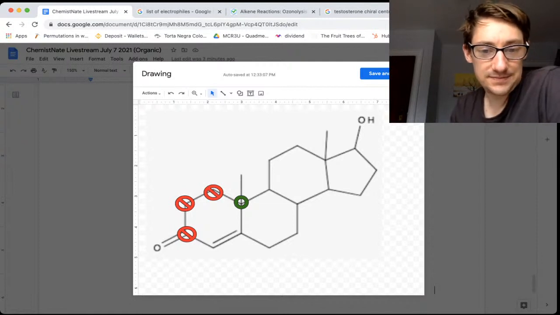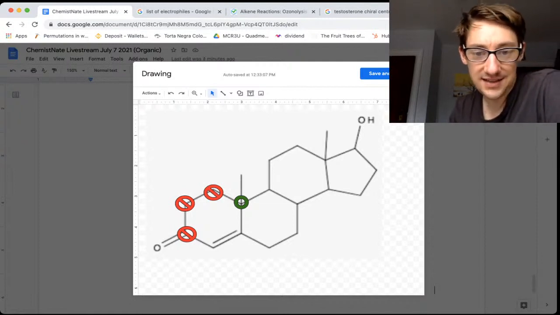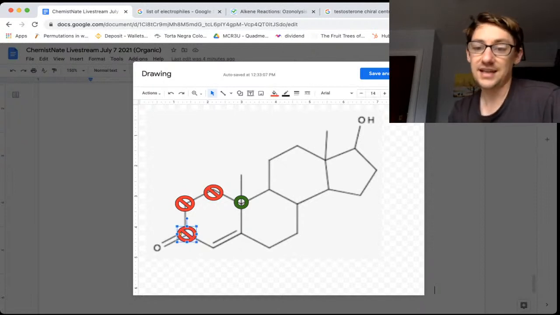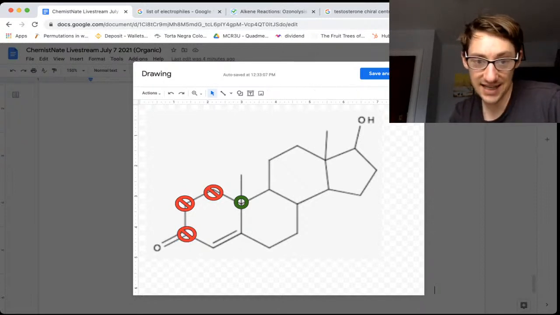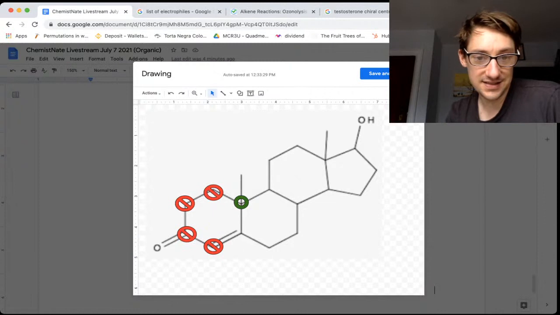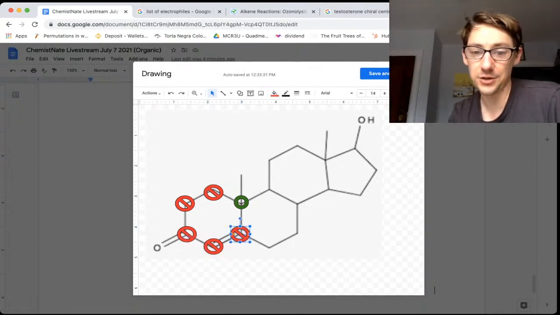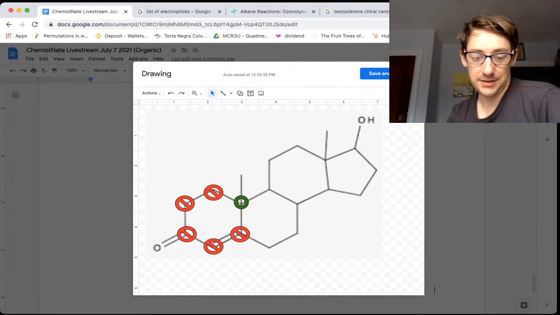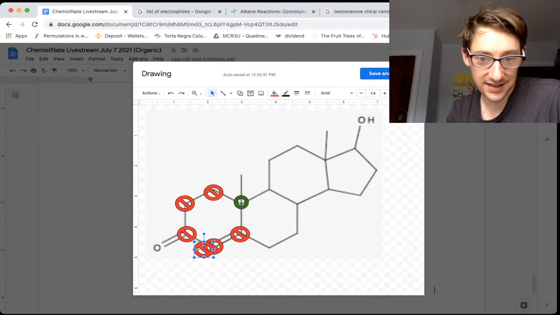This carbon is connected to a C and an H, but then it's double bonded to something else. As soon as it's double bonded to anything, it cannot be a chiral carbon. Again, this carbon is double bonded to something, therefore I know it's not. This carbon has two H's on it, therefore it cannot be.